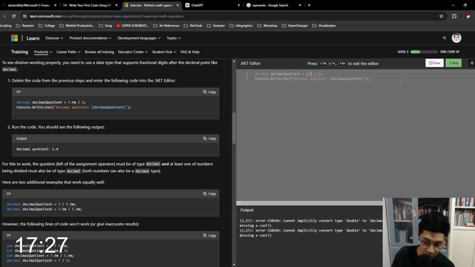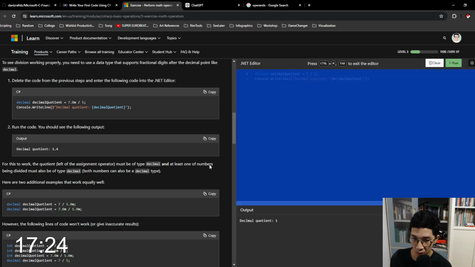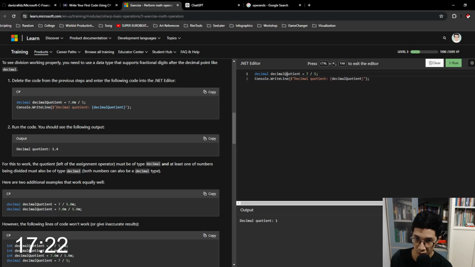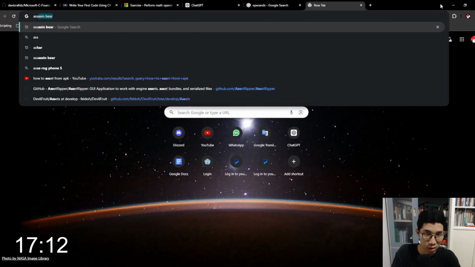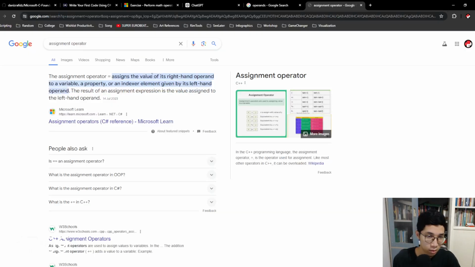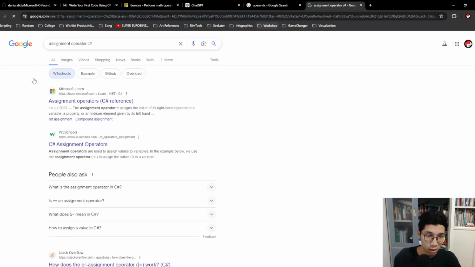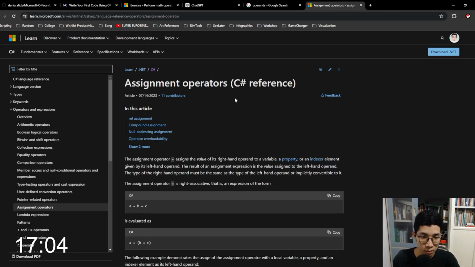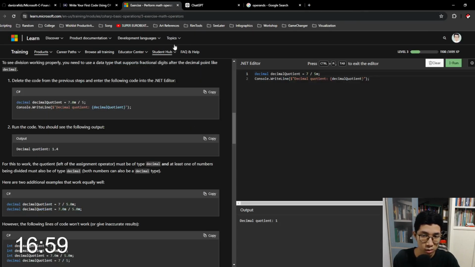Oh, nothing there. Okay, it will not work. What if I put the m on 5? Wait, I forgot which. Assignment operator, C#. That is the assignment operator. Okay, this one will work as well.